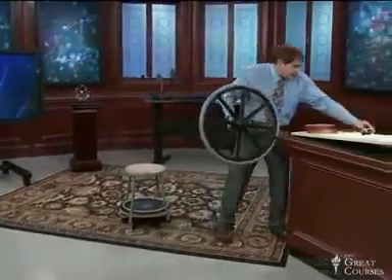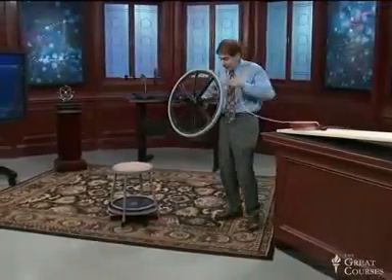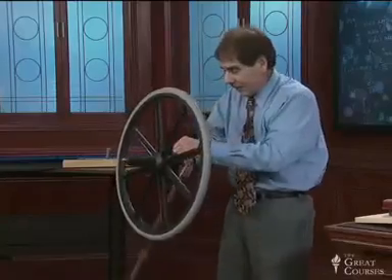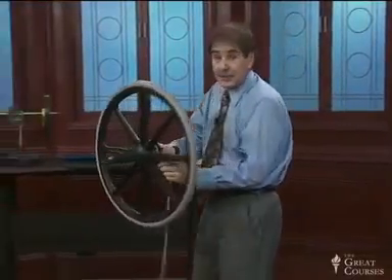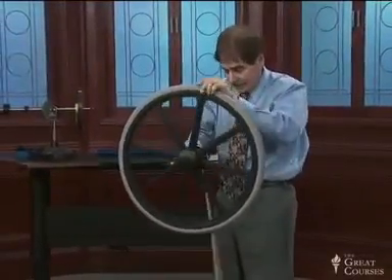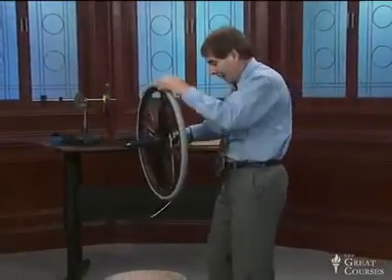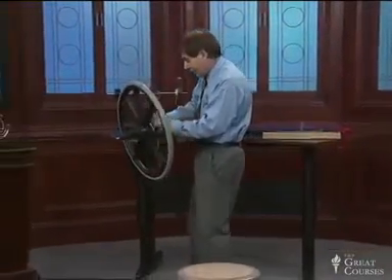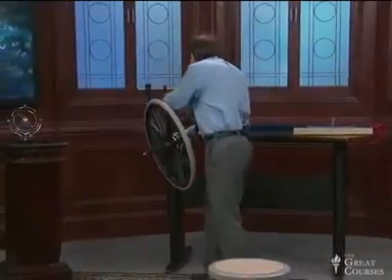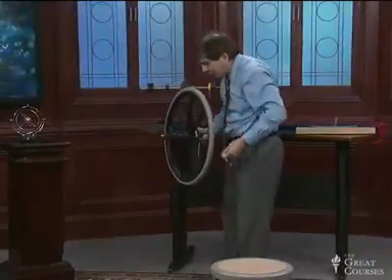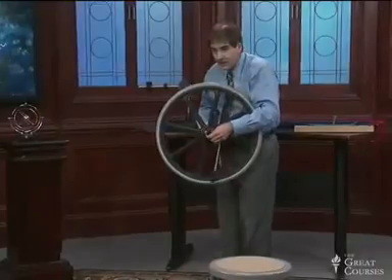I can do something else with this wheel, which is a little more startling. I have to wind up this string again. And I'm going to take another piece of string, and I'm going to clip it onto one end of the axle.